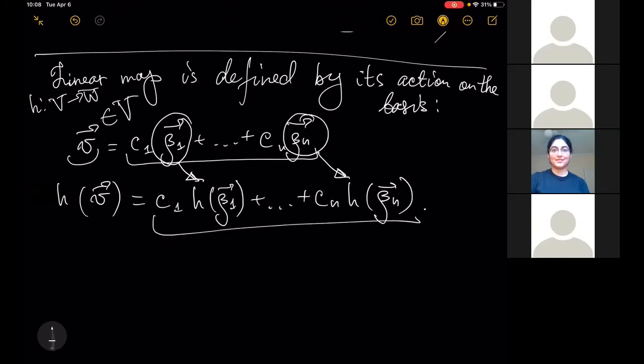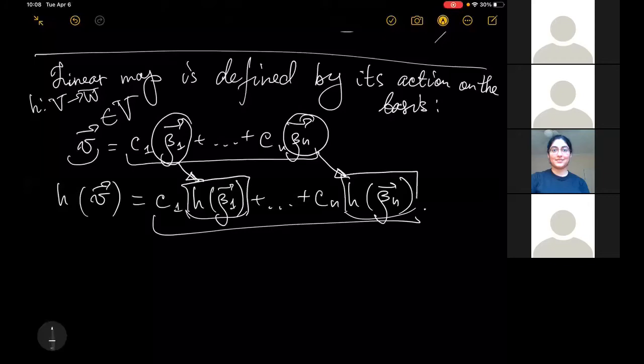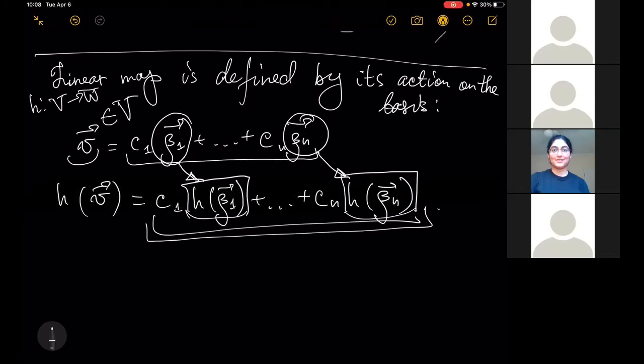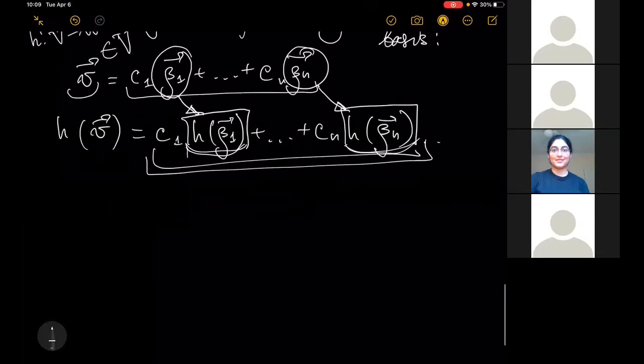As I said before, after this map, these vectors do not necessarily form a basis, but they will span the range. Is it clear or not?